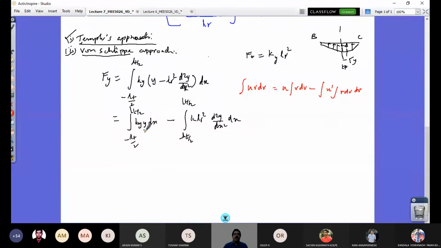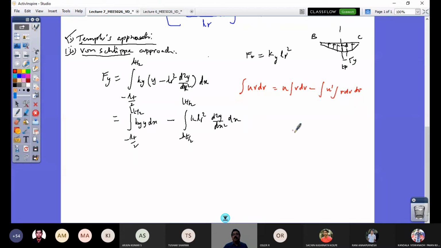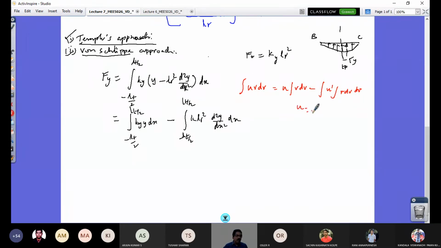In this integration, you can consider u to be y and v to be x. So what do you get? dv will be dx.